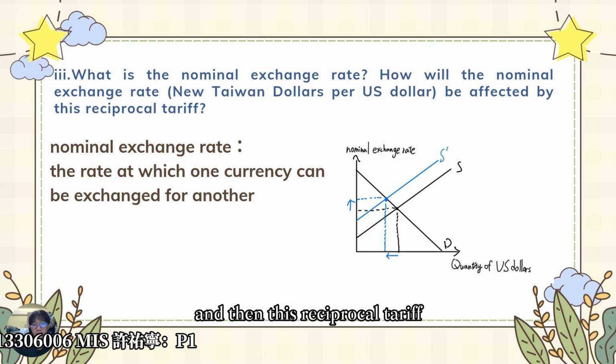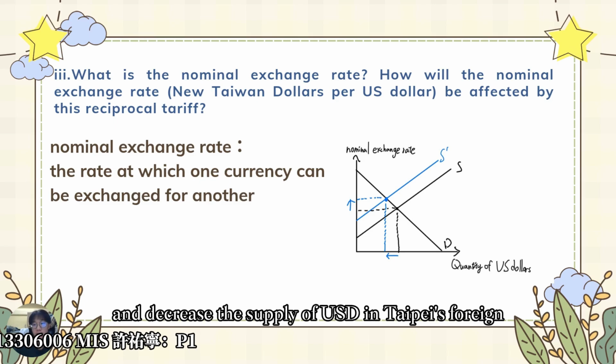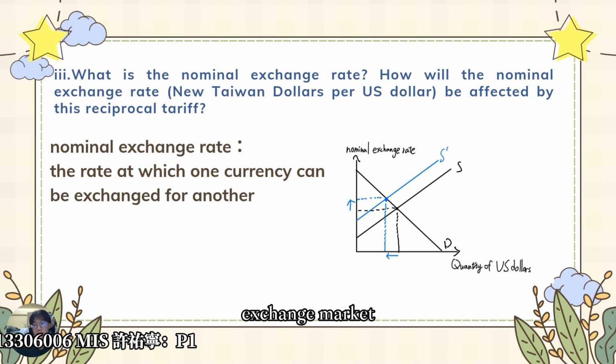This reciprocal tariff reduces US demand for Taiwanese exports and decreases the supply of USD in Taipei's foreign exchange market. So it shifts the supply curve left and raises the nominal exchange rate. So the nominal exchange rate goes up.